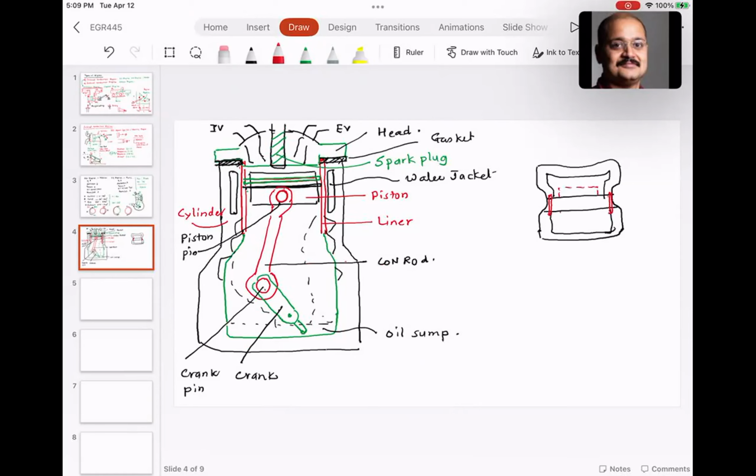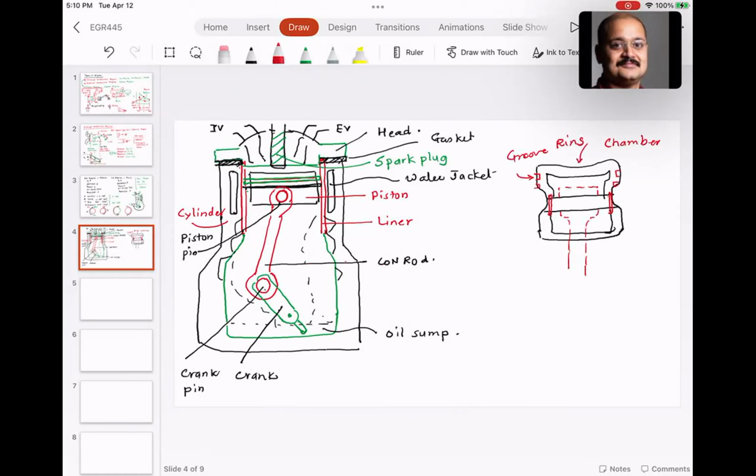This is where the connecting rod fits on the piston. There are grooves. This is the combustion chamber. These are the grooves for the ring.